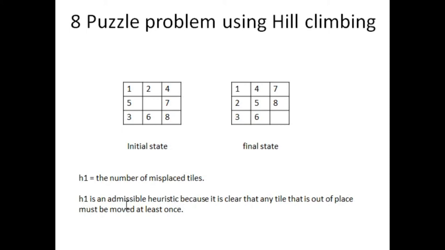So H1 is an admissible heuristic because it is clear that any tile that is out of place must be moved at least once. So the heuristic values which we calculate by using this method will be admissible.